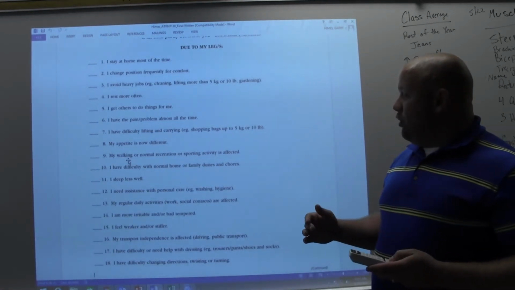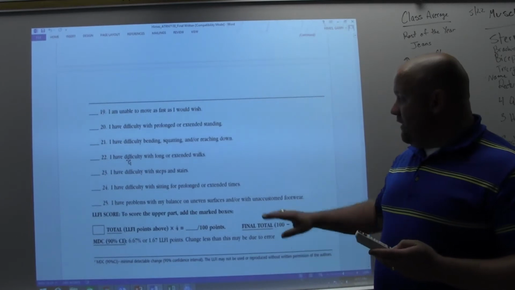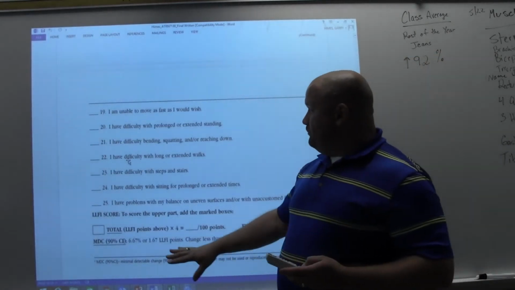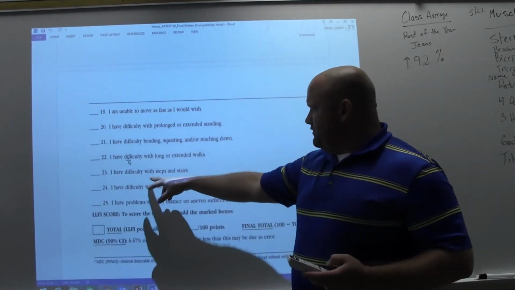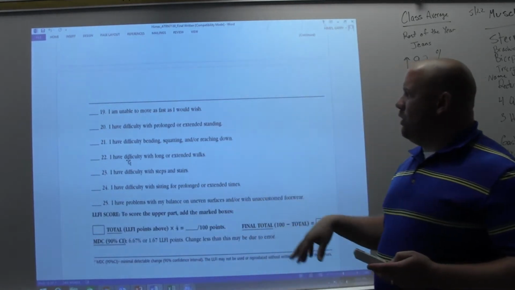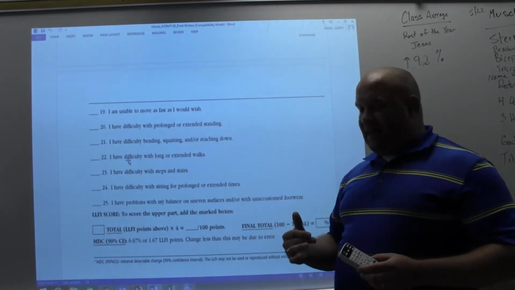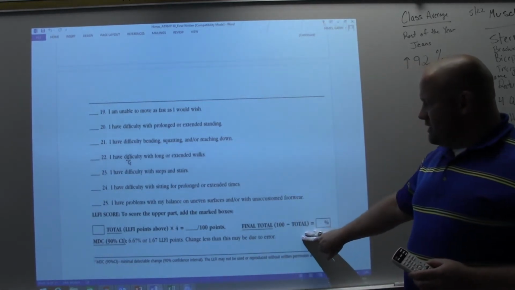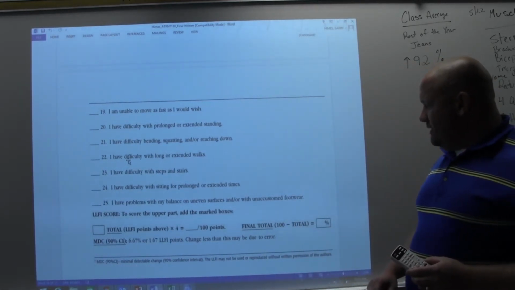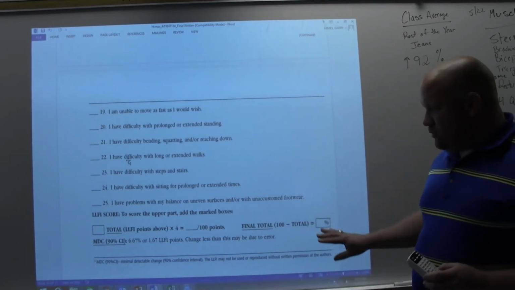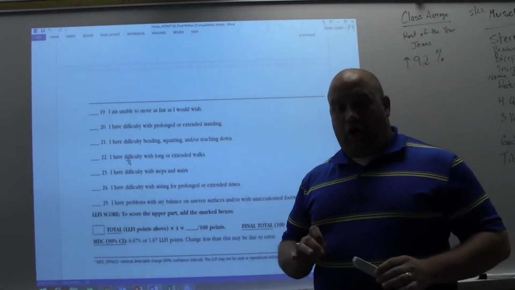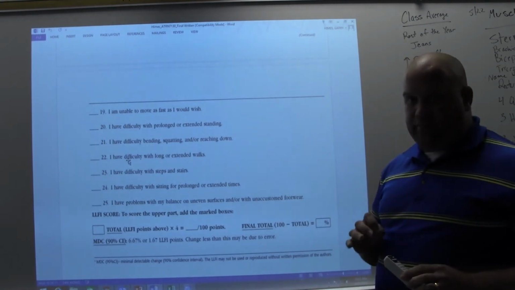Okay, and then there are 25 total questions. And yes, it does ask about difficulty with stairs, difficulty bending, squatting. So it does incorporate some of those athletic things, and it also discusses a little bit about what the error is. The error with this one is any change under 6.67%.